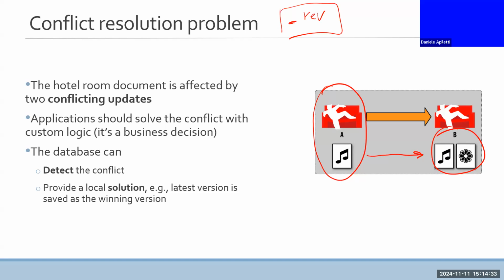Besides that, there is another trick. CouchDB creates a hash of the content of the document. I think you know the hash function. It's a non-invertible function which generates a very short digest, a few bytes, which is kind of random.